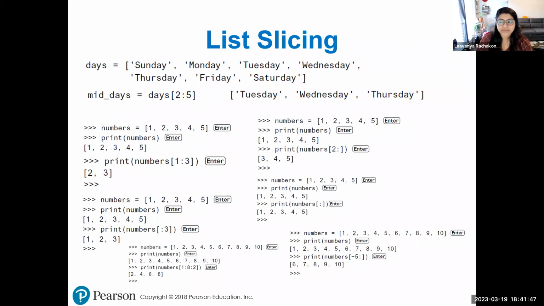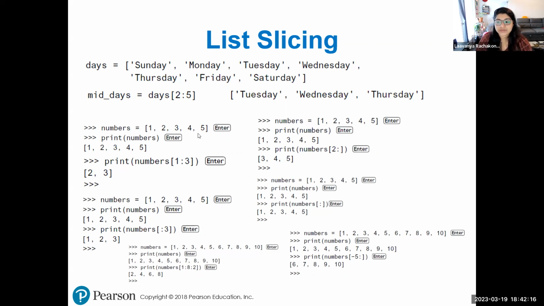So you will be having index values 2, 3, 4. It's up to 5, but it is not 5. So you'll see Tuesday, Wednesday, Thursday as the output. Oh, did I say Saturday is position number 5? Friday is position number 5. That's the reason why you'll see Tuesday, Wednesday, Thursday as your output.